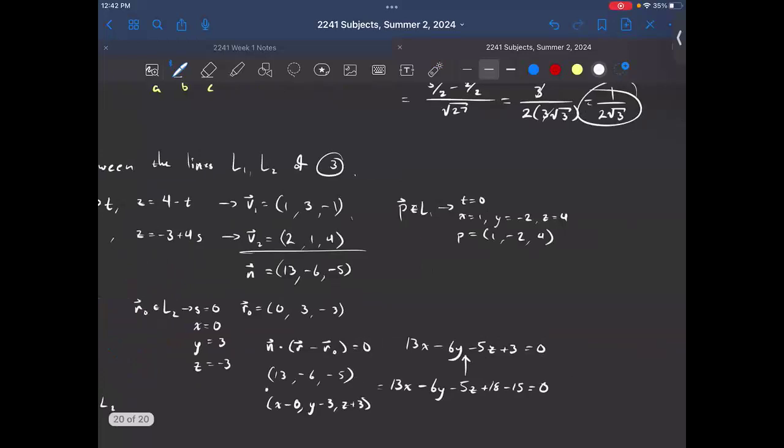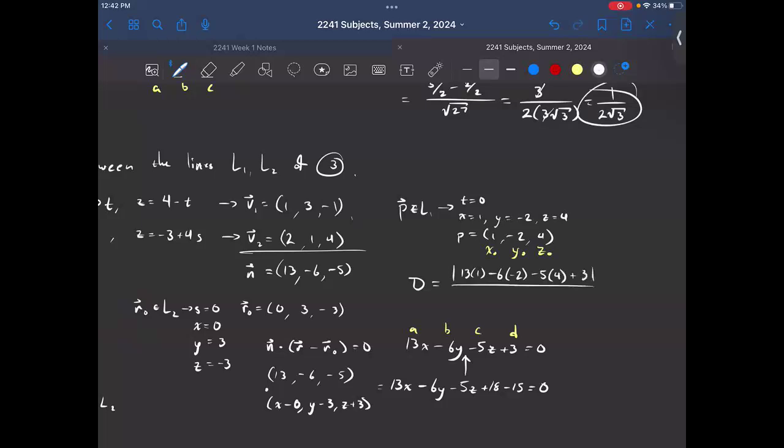And at this point, we can plug things directly into our distance formula. Again, we'll just label things as usual, x0, y0, z0, and then this is A, B, C, and D. So we've got A times x0 is 13 times 1, plus B times y0 is minus 6 times minus 2, plus C times z0 is minus 5 times 4, and then plus D is 3.